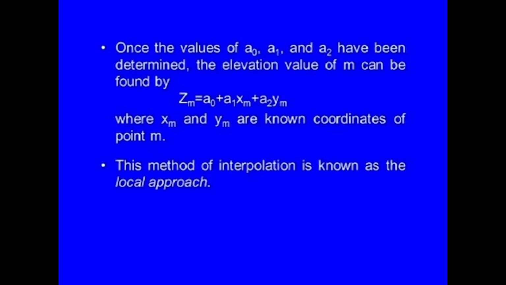Once the values of a0, a1 and a2 have been determined, the value of Zm can now be found out using the relationship Zm is equal to a0 plus a1xm plus a2ym, where xm and ym are known coordinates of the point M. This method of interpolation is known as the local approach.